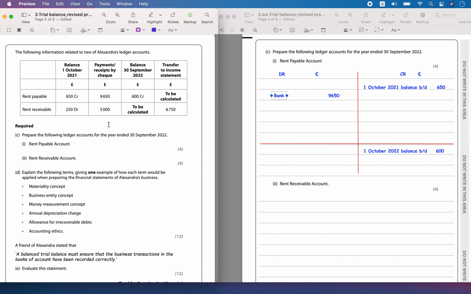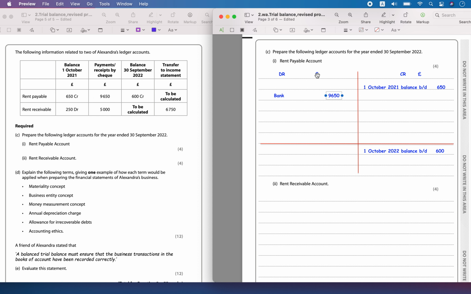So the payments by cheque, payable. So you made some payments to the bank towards the rent.